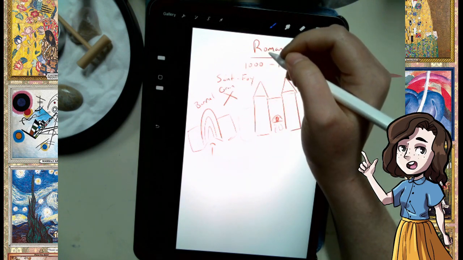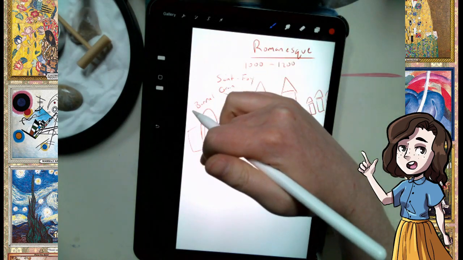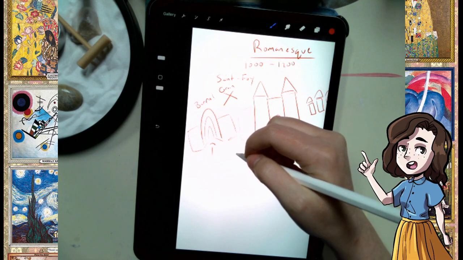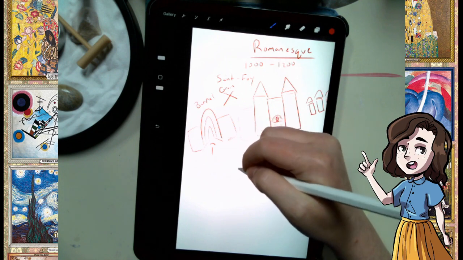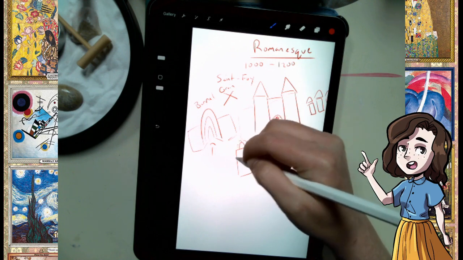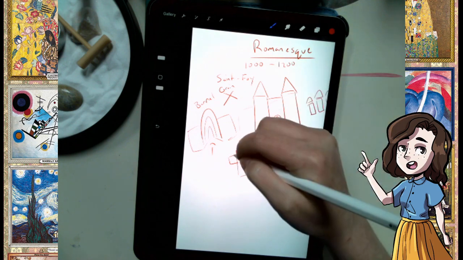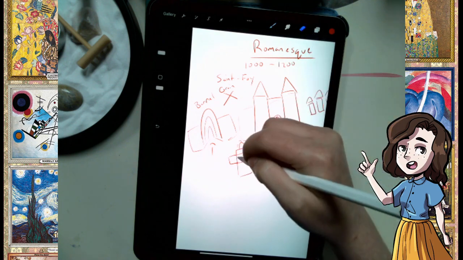The reason why the church gets bigger and the barrel vault becomes important also has to do with the floor plan and the function of this church, because we're going to get a couple new things. Number one is this guy right here, which is the transept.